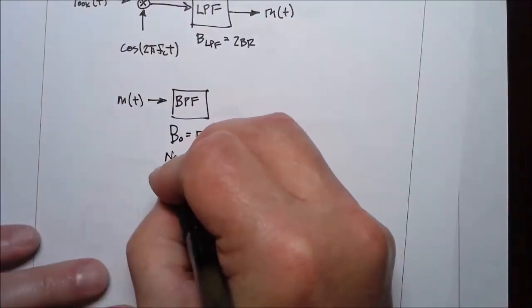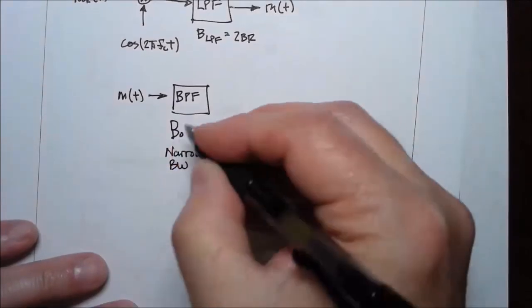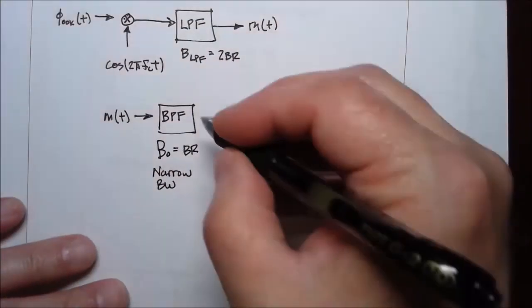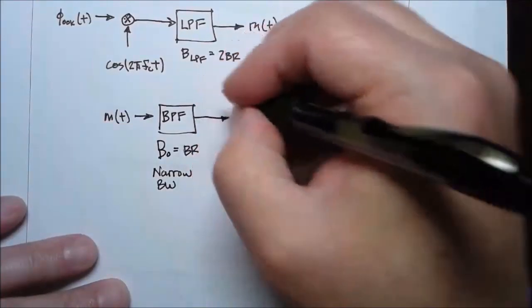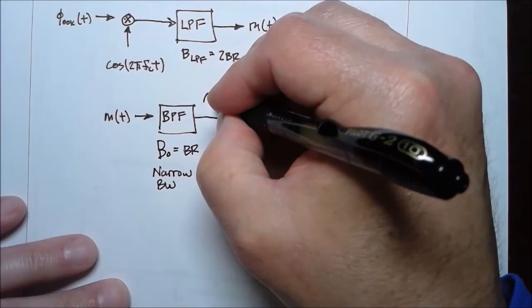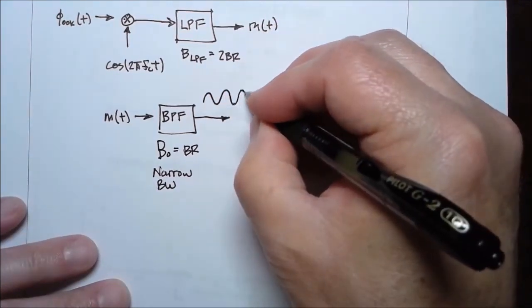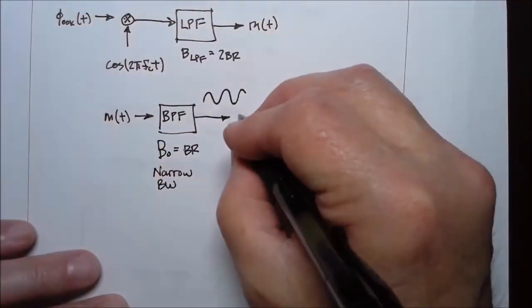This would have to be a narrow bandwidth for this bandpass filter, and what we would get out of this bandpass filter would be a sinusoidal type signal that would have a frequency equal to the bit rate.